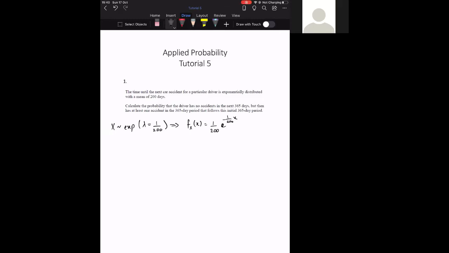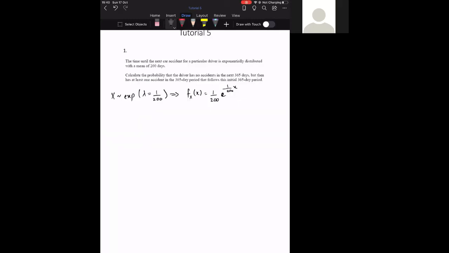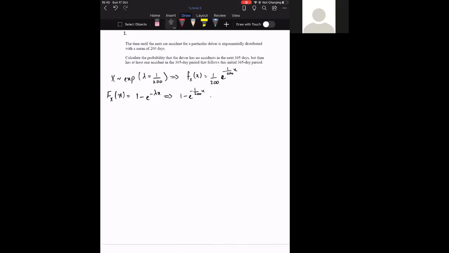So let's look at the cumulative probability function. For an exponential random variable, this is just equal to 1 minus e to the minus lambda x. And in our example, this implies 1 minus e to the minus 1 over 200 x. And we want the event that the accident is between the 365 and the 730-day period from now.